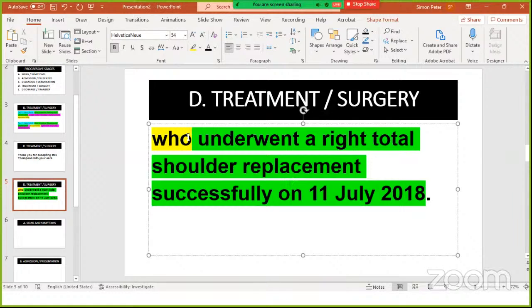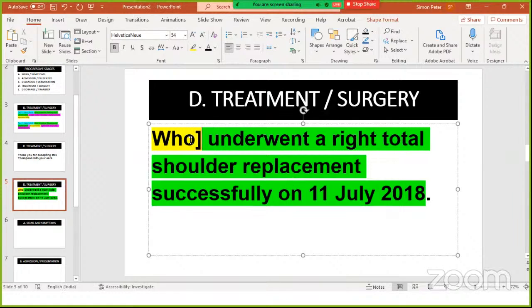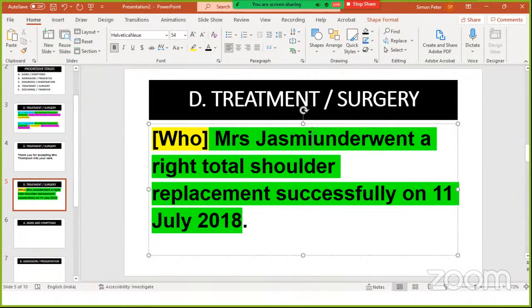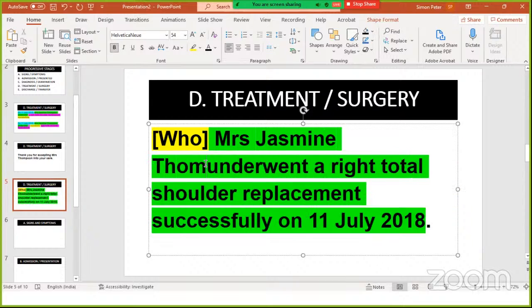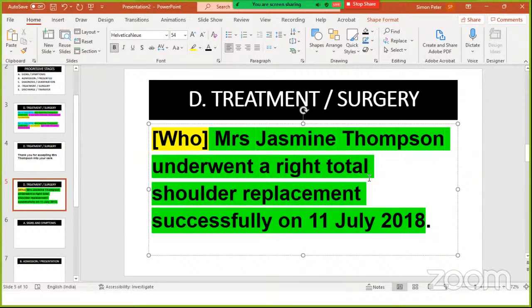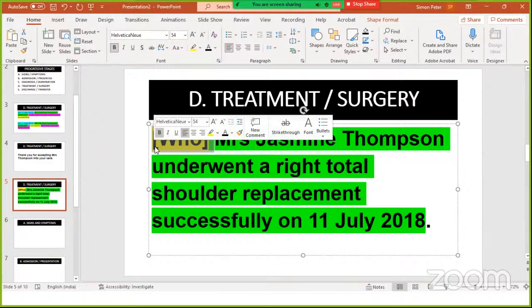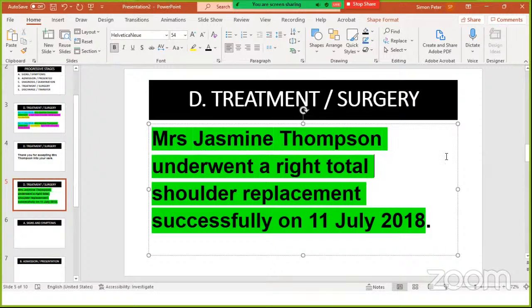So who, you put in brackets, and then here you can say Mrs. Jasmine Thompson. Now the sentence is perfect. So instead of who, you got the sentence: Mrs. Jasmine Thompson underwent a right total shoulder replacement successfully on 11 July 2018.